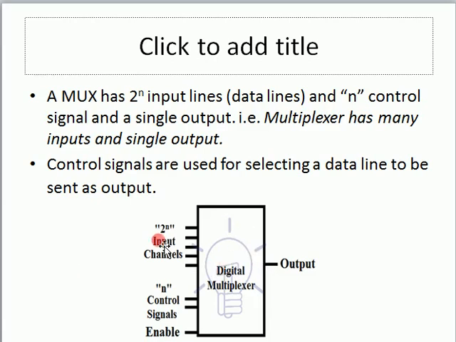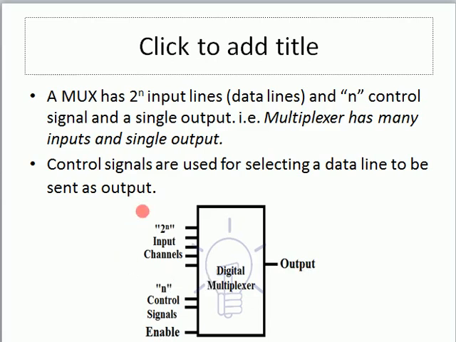Here in this circuit you may see we have 2 raised to the power n input channels, or input lines. After that we have n control lines, or n selector lines. Here we are saying n control signals. One enable input is also here, and a single output is here.